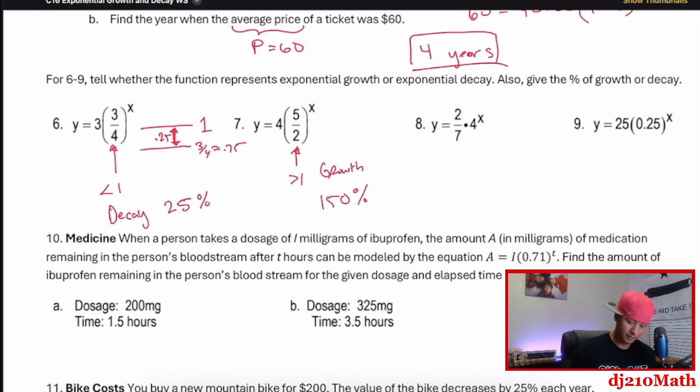Okay. 4 compared to 1 is definitely bigger than 1. So this is growth. It's 3 bigger, right? 4 is 1 plus 3. 300%. And then last, 0.25. This is smaller than 1. So this is decay. And this is going to be 75%. Okay.